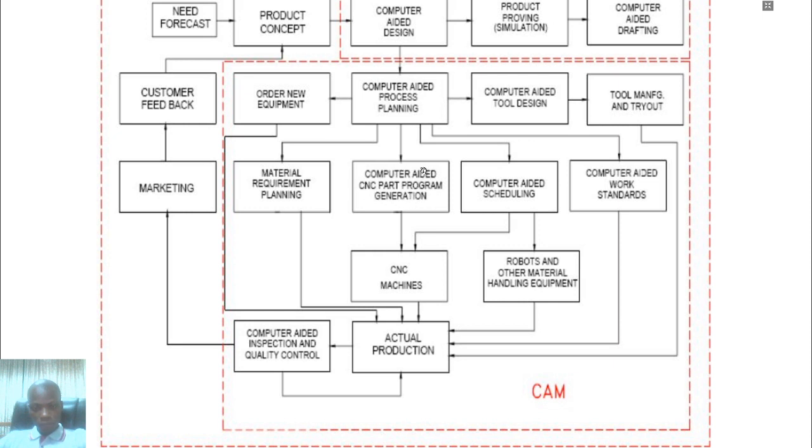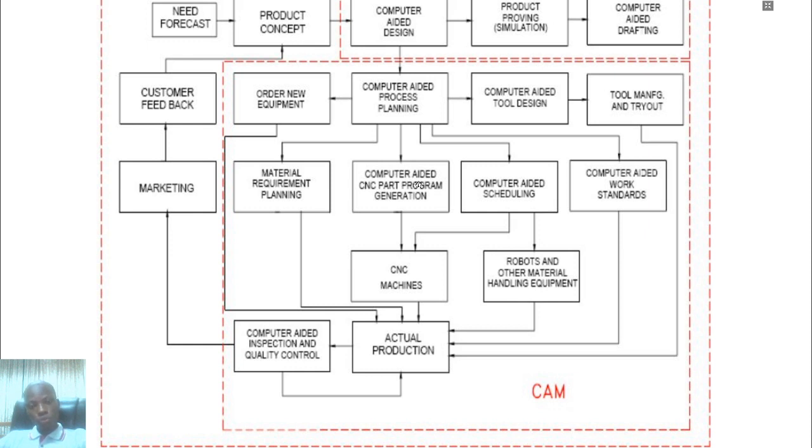Right, so here if you are going to use a computer controlled machine to produce the part, because of that you have to generate some codes, right? And there are times where you will have to type those codes yourself. That is, you have to do the coding yourself by looking at the parts, and then you have to define the tool path and everything yourself.